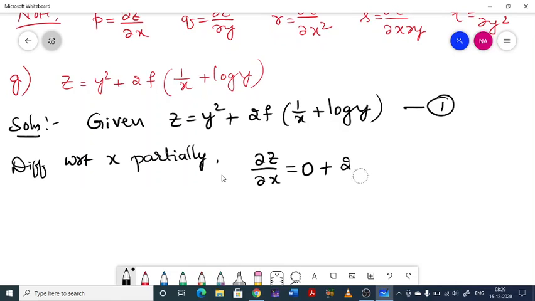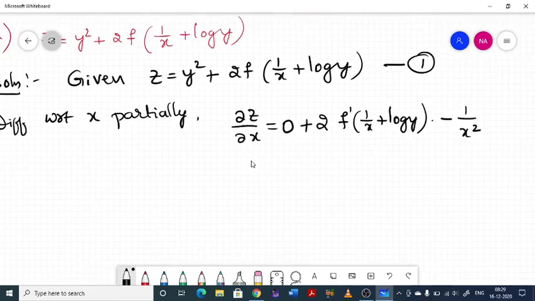So the derivative of f is f dash of 1 by x plus log y, into the derivative of the inner function. Log y will be constant, so differentiating that I will get 0. Derivative of 1 by x, I will get minus 1 by x square.